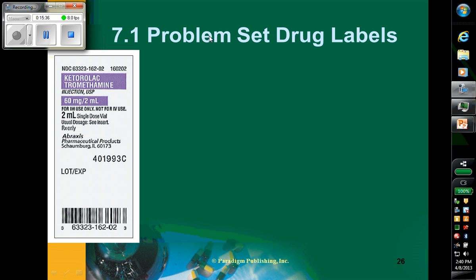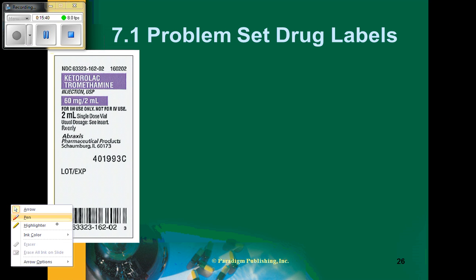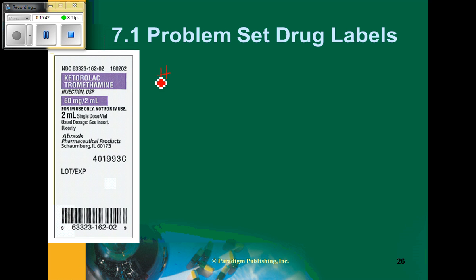Okay, now for problem number 9, which is on the same page, actually on page 183. We're going to do the same thing. We're going to calculate the percentage strength of a drug in the following drug formulations using this label.